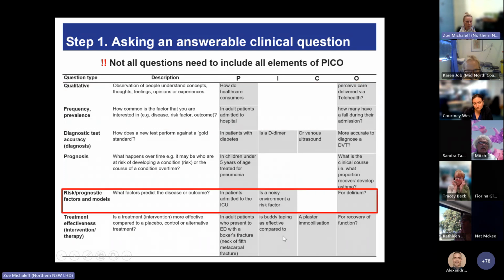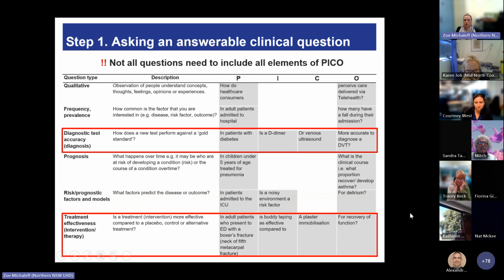If your question related to risk or prognostic factors, you need to define the population, the indicator of interest, and the outcome. And lastly, if your question relates to diagnostic test accuracy or treatment effectiveness, you need to define all 4 elements of the PICCO framework in order to ask an answerable clinical question.